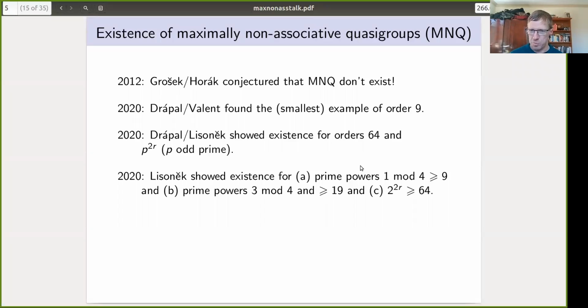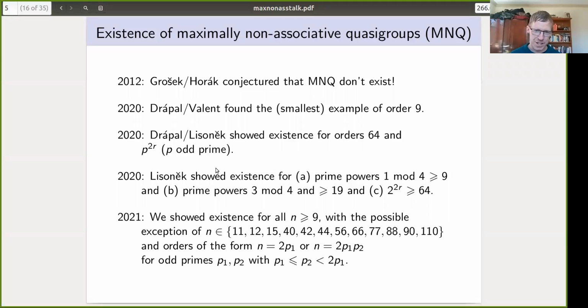And I should point out that the normal direct product of any two maximally non-associative quasi-groups is also maximally non-associative. So as soon as you have these sorts of results, you get a whole bunch of other orders by taking products of orders that you already know about. So there was this burst of papers that came out in 2020.